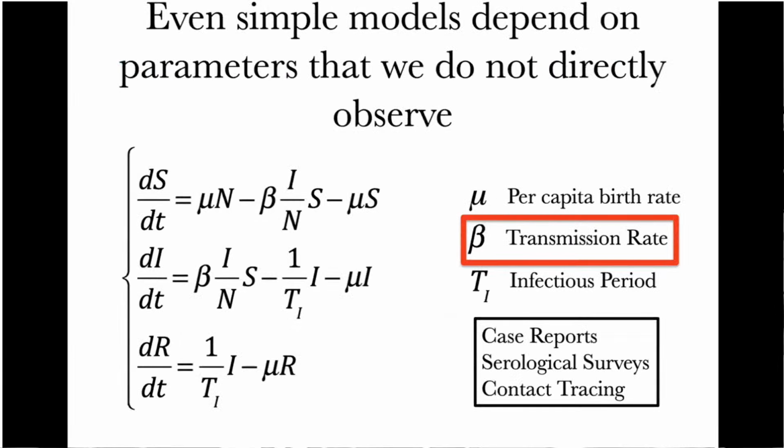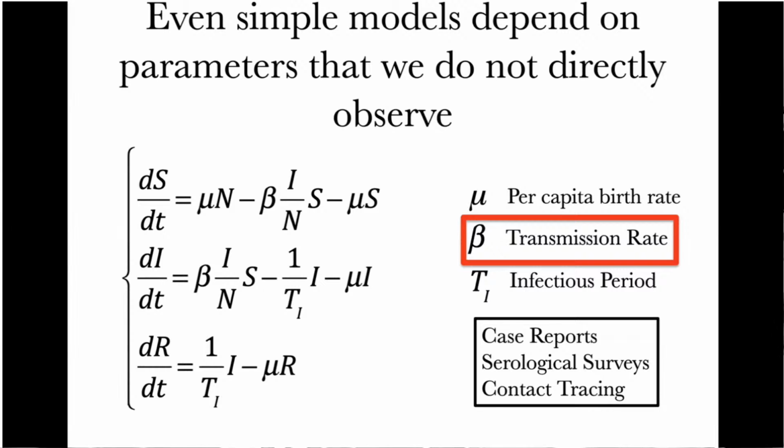So even for very simple models, which we have learned, like the SIR model, some of the quantities that we need to estimate we do not directly observe, and most of this will be around the transmission rate. How is the infection spreading? Which, for example, we can indirectly observe through case reports.